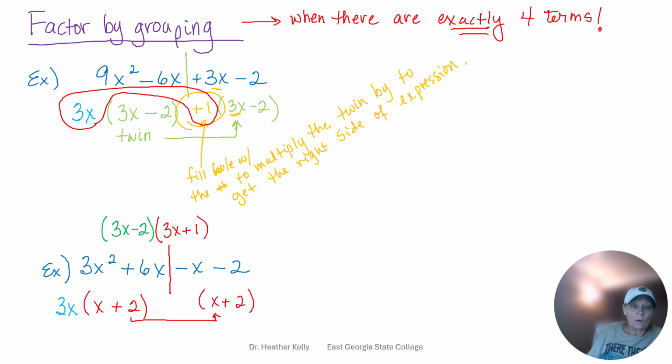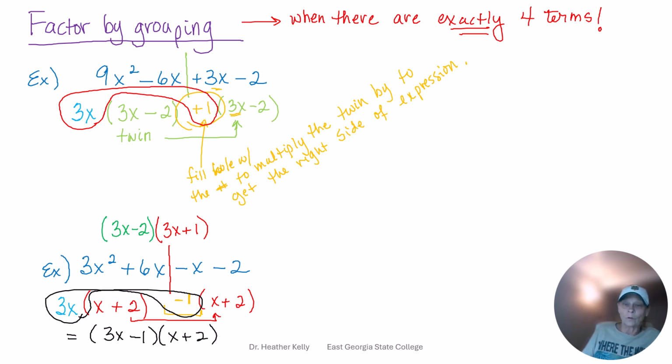And then we need to fill that hole with what do we need to multiply x plus 2 by to get negative x minus 2, and in this case it's going to be a negative 1. And so here our factors are 3x minus 1, that's the stuff from the outside, and x plus 2. Now we could have written that x plus 2 down first. Remember, it doesn't matter what order we multiply in.